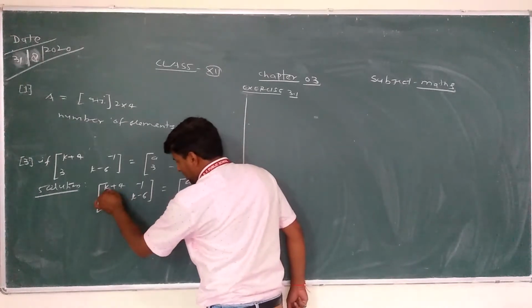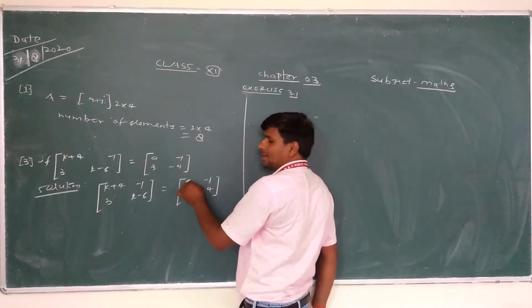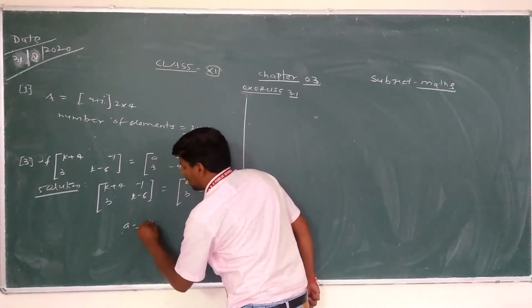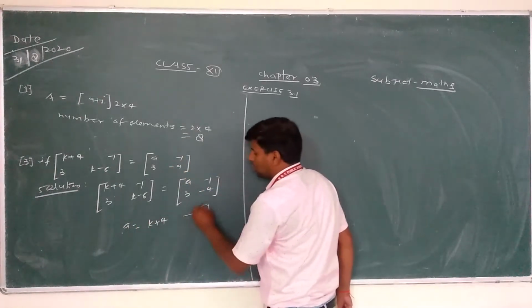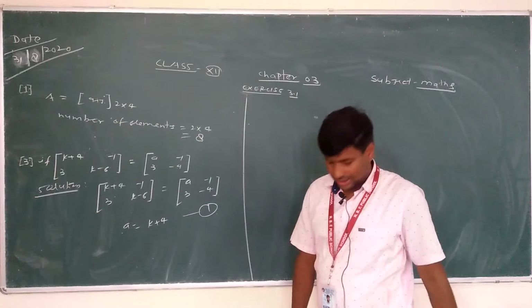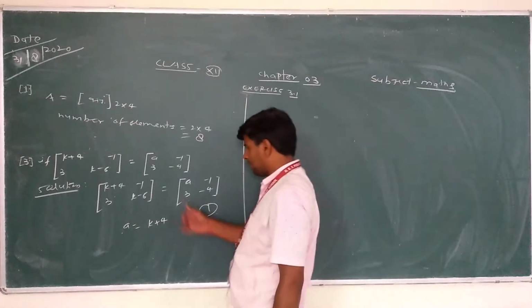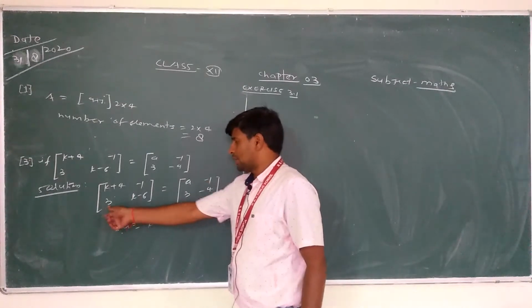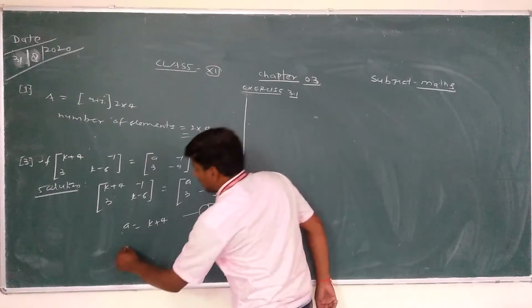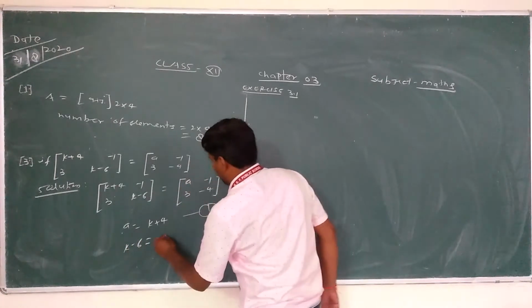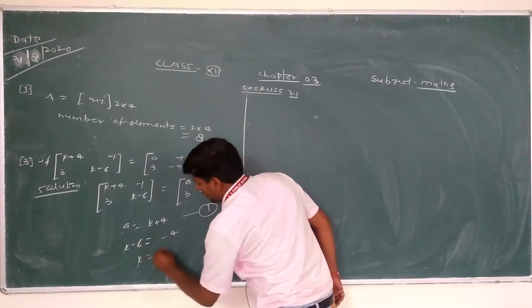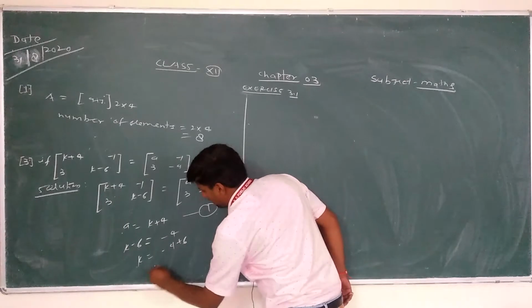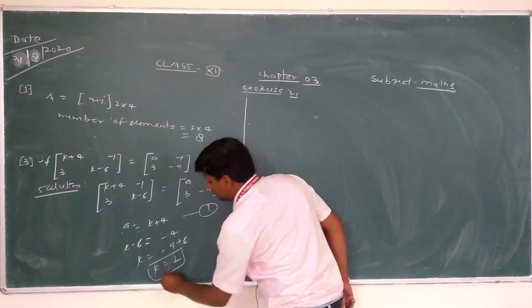Let's say this element is A11 and this element is A11, so both are equal, means a equal to k. That's clear? Then A22 and A22 are equal, A21 and A21 are equal, so k minus 6 equals minus 4, k equals minus 4 plus 6, so k equals 2.